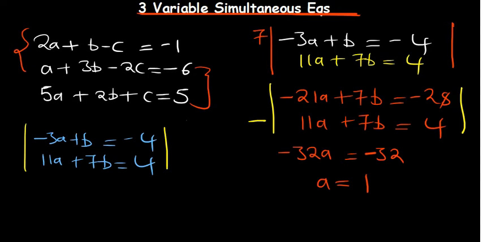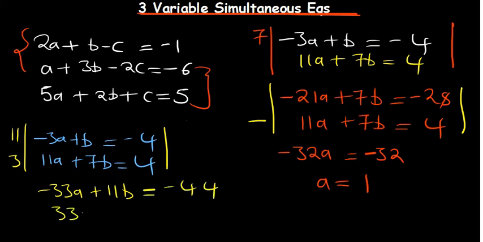I'd have to multiply that one by 11 and this one by 3. So 11 times negative 3 is negative 33a plus 11b equals negative 44, and then 33a plus 21b equals 12.